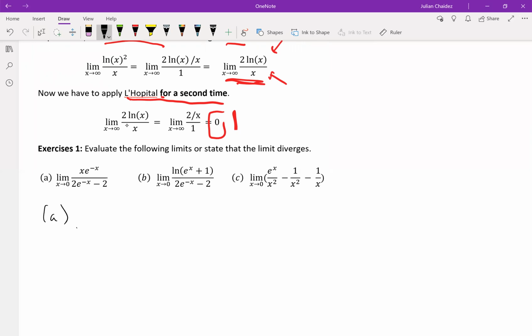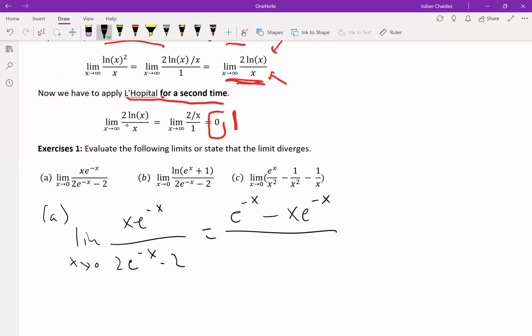So here the limit as x goes to 0 of this thing, by L'Hopital, is equal to the limit of the derivative of the top and the bottom. So we can compute that, divided by negative 2 e to the negative x.